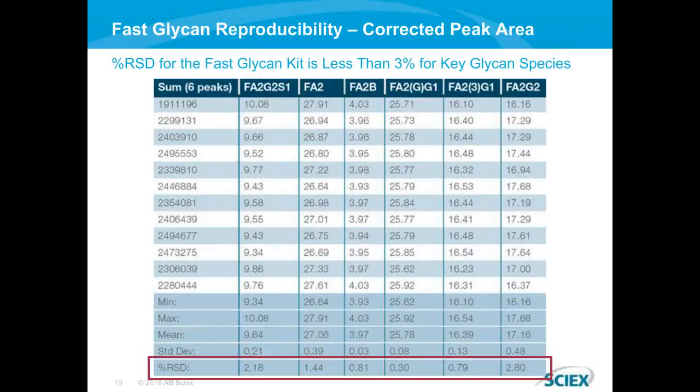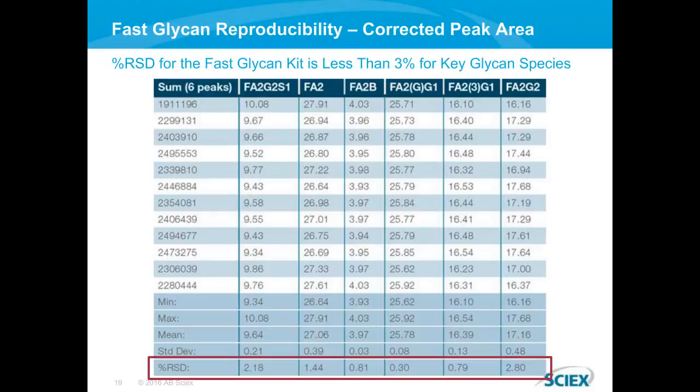I mentioned reproducibility. Obviously, if we're trying to accurately identify all of our glycan species, we can't have things coming out at different times, right? So reproducibility for migration time and corrected peak area are very, very important. So here's just some representative data actually showing the RSDs for corrected peak area down at the bottom in that sort of red box.